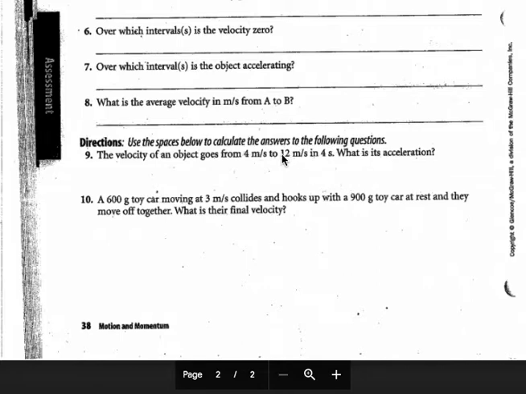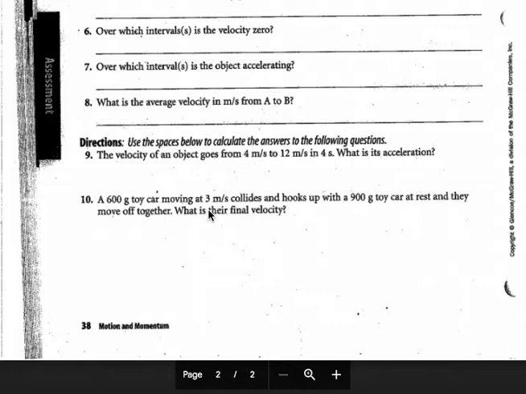In this case, our final velocity is greater, so we have a speeding up scenario. You take 12 minus 4, which is 8, and divide by 4 seconds. 8 divided by 4 gives you 2 meters per second. It's speeding up at that rate.